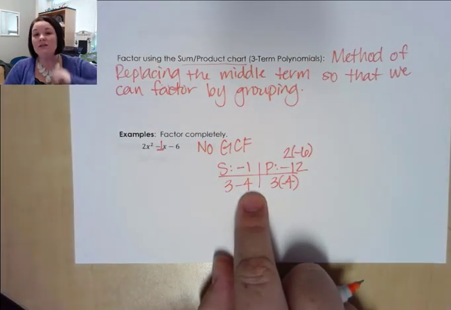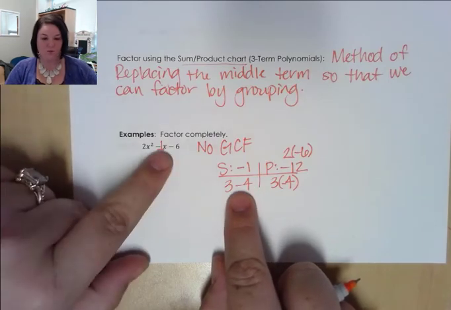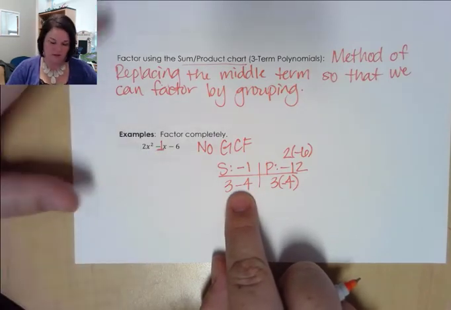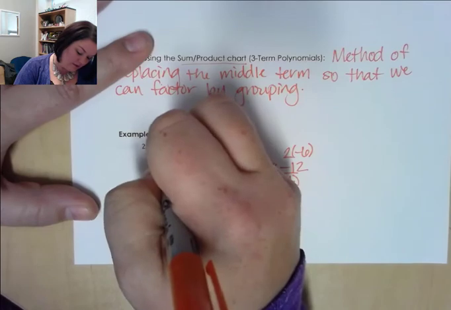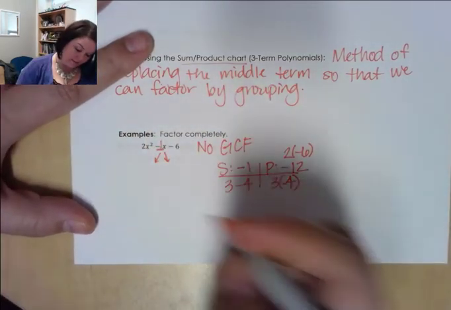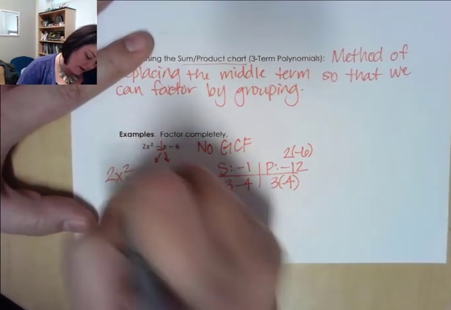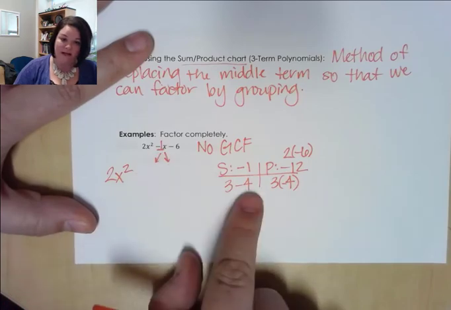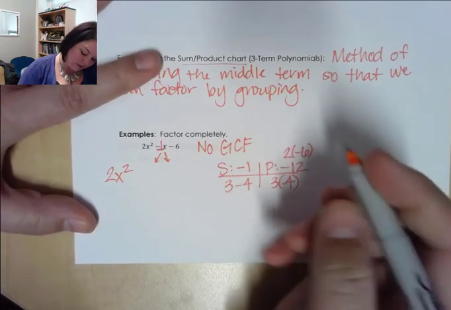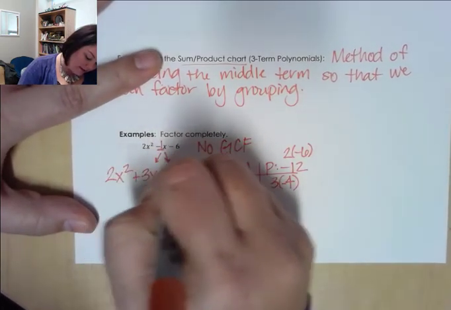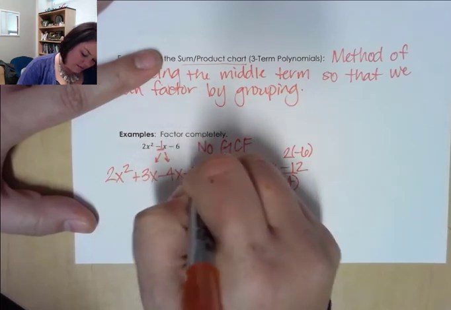So what I'm going to do with these two numbers is use them to replace this middle term, okay? So instead of using -1x, I'm going to rewrite this, 2x squared, and instead of my -1x, I'm going to write in plus 3x minus 4x minus 6.